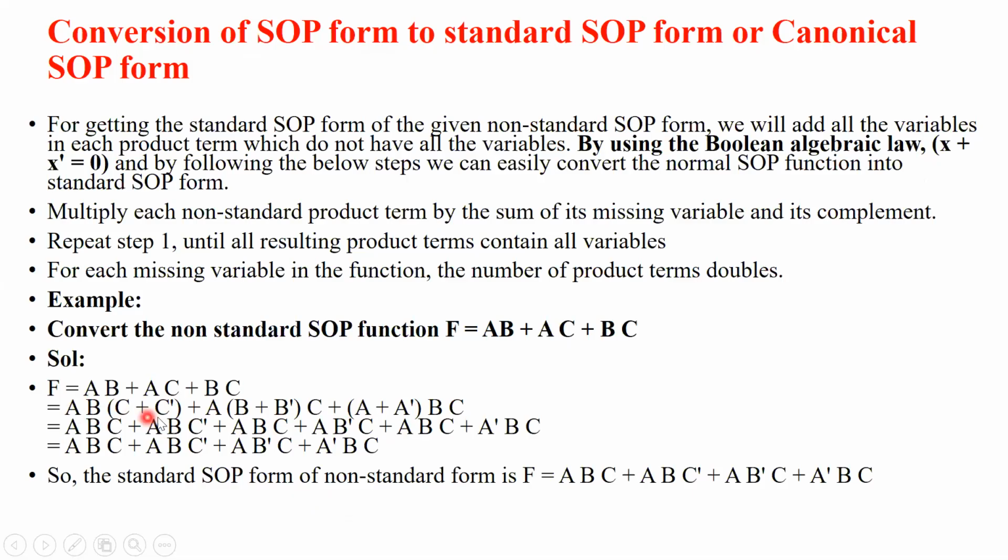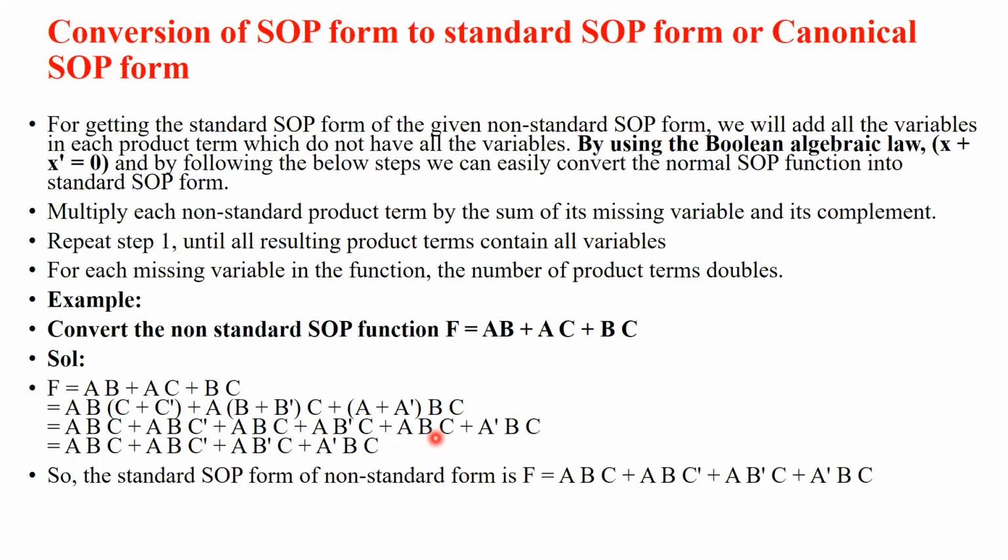Now I expand this equation, so I have ABC plus ABC dash plus ABC plus AB dash C plus ABC plus A dash BC. Now see, here ABC is there, ABC is there, ABC is there. According to Boolean identity, x plus x is x. So if you add three times, this is not your normal algebra, remember. ABC plus ABC plus ABC will give me ABC only.